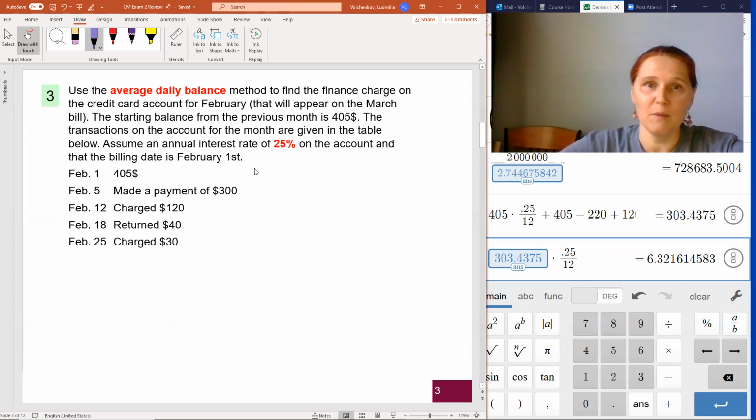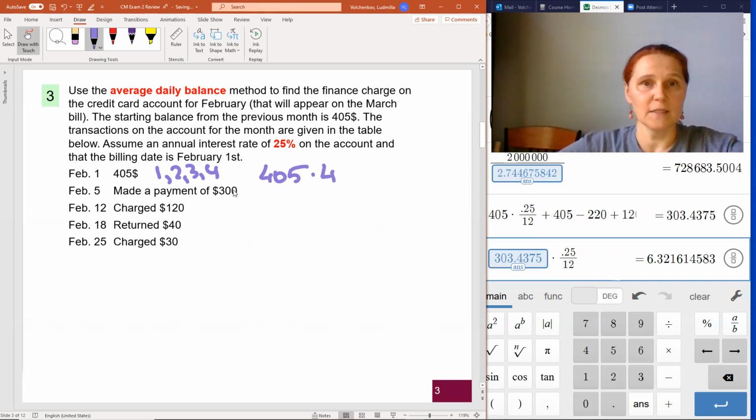So the first balance is $405, and it held for first, second, third, and fourth, 4 days. So you must multiply by 4. Second balance, we made a payment, so we subtract 300 and we get $105. And this balance was from 5th to 12th.